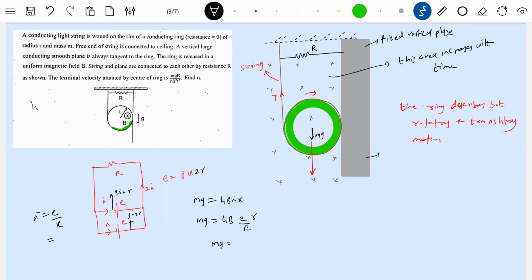Then 2I, if I write the loop equation, 2I into R is equal to E. Let me write clearly here: 2I into R equal to E, therefore I equals E by 2R. E is how much? BV 2R.